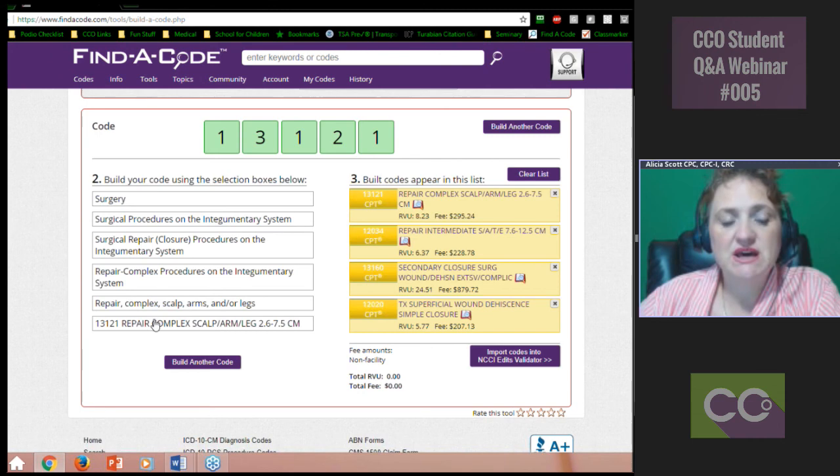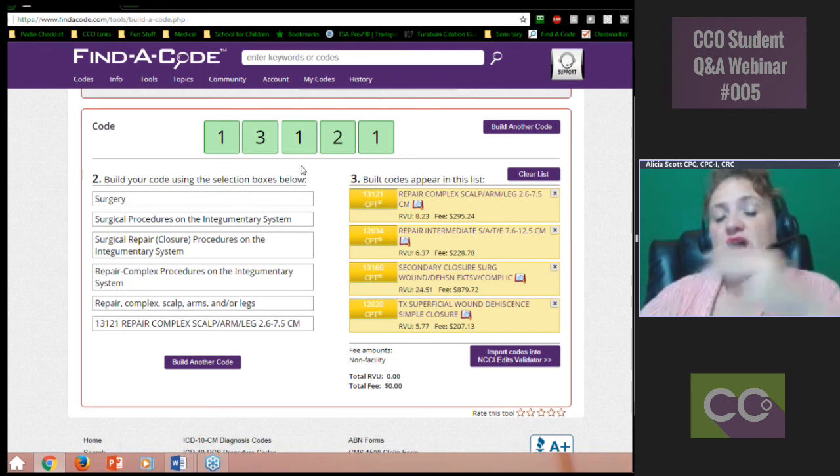Because when you're looking at that, we automatically jump to surgical closure repair, but trying to determine if something is simple, intermediate, or complex. If you need more information on that, it'll be in your CPT manual before these codes, all right? Read those pages to determine.